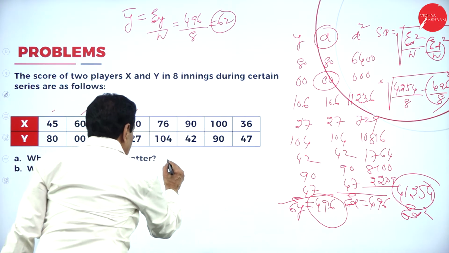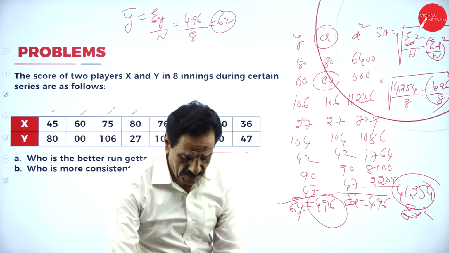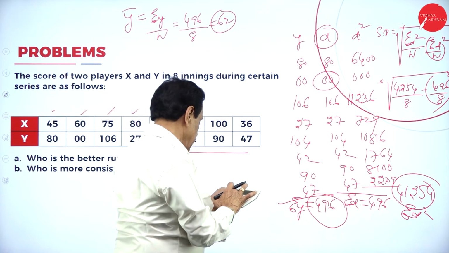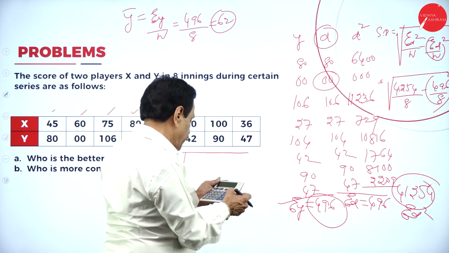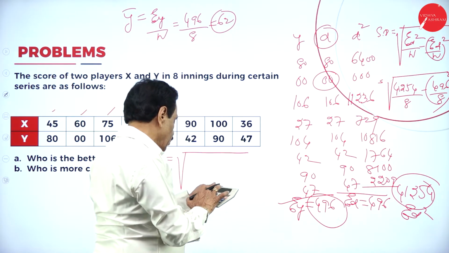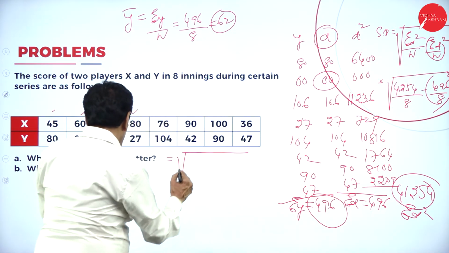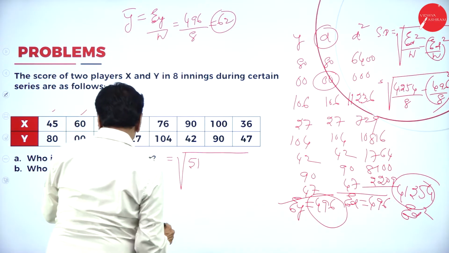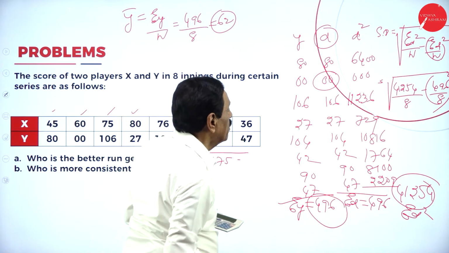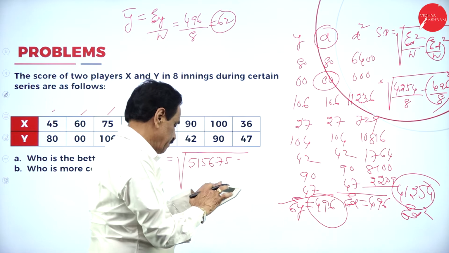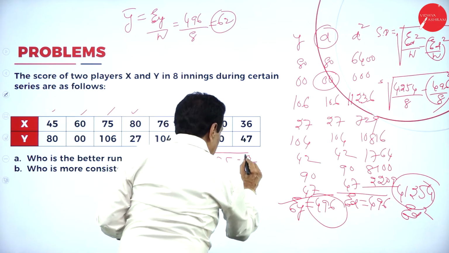So if you simplify this, root of 41,254 divided by 8, which is 5,156.75, minus 496 divided by 8, that is 62 whole square.